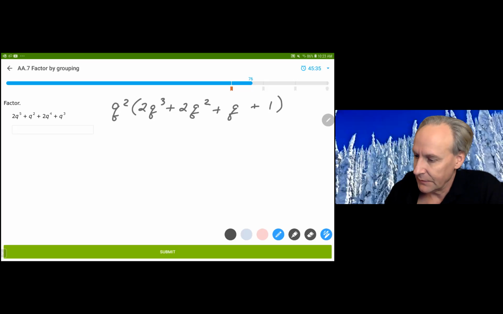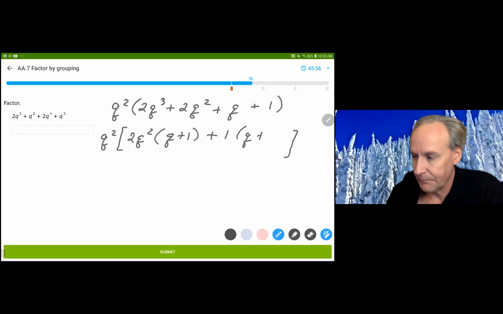Now I'm going to take my q squared, and in a way, this kind of makes it a little bit funky looking because I'm going to have this double thing going on in here. I've got a 2q squared here as my common factor, and that leaves me with q plus 1. But I also have a 1 times q plus 1. And inside this bracket, the q plus 1 is the common factor.